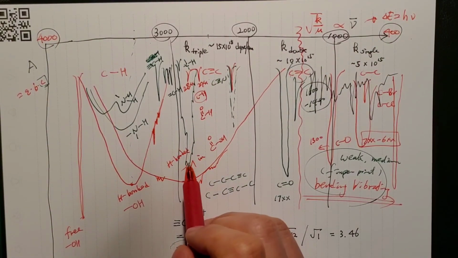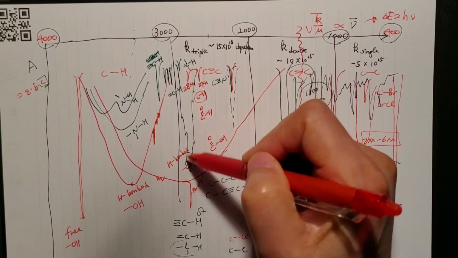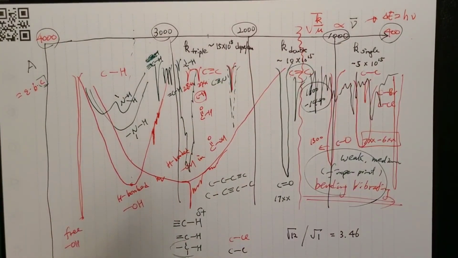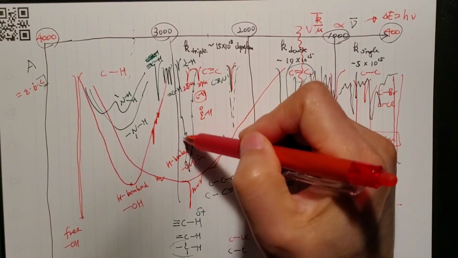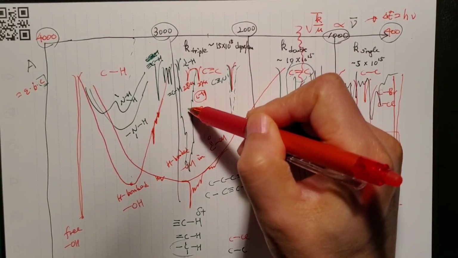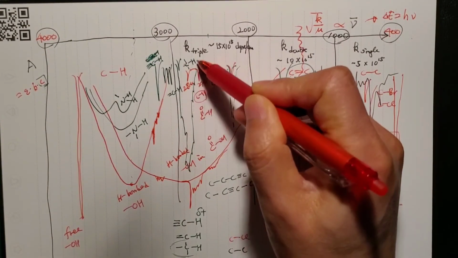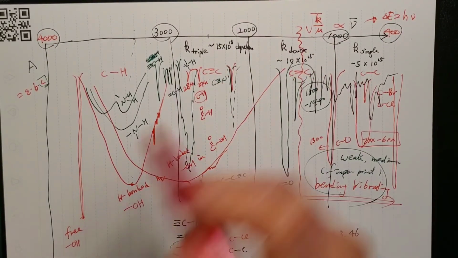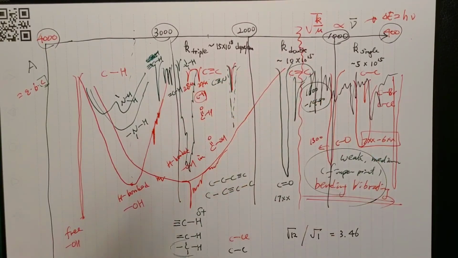If you don't have any sp3 CH, you don't have these big sp3 signals, you can see both. But most of the time, this signal for sp3 CH bond stretching comes past 2800 easily. So normally this is buried.